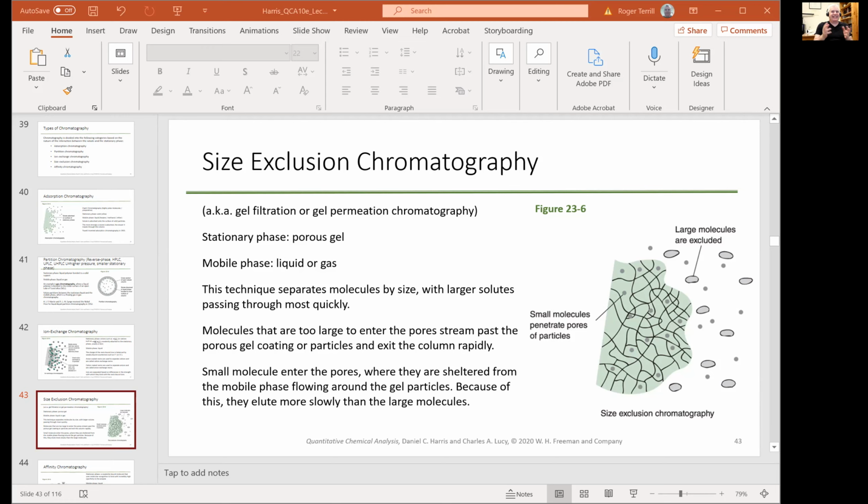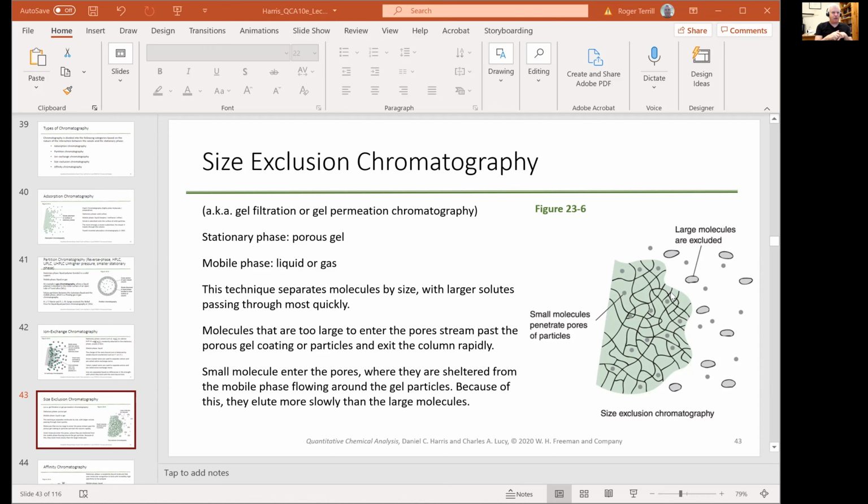So basically, I better get back on track here. One of the other ways you can do this is by size exclusion. Anybody who makes polymers or larger molecules will need a size exclusion column, and generally it's basically just goo. They make goo particles, all swollen with solvent, and they flow them into a column and pack them in there.